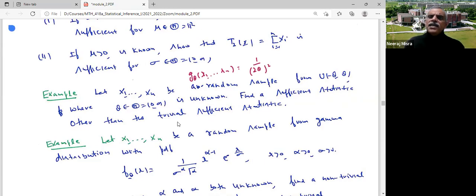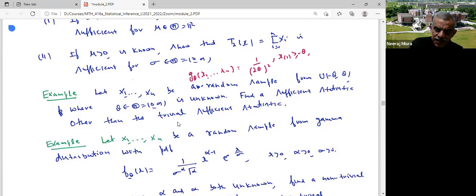Then each xi is greater than or equal to minus theta, which means the minimum is greater than or equal to minus theta, and each xi is less than or equal to theta.